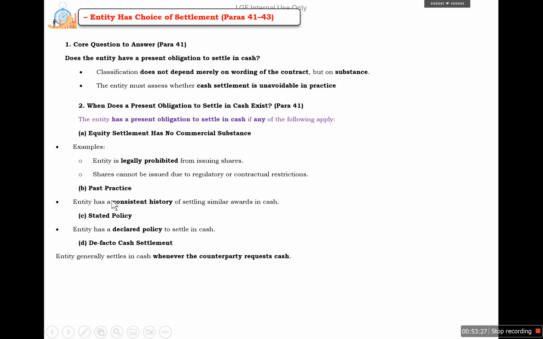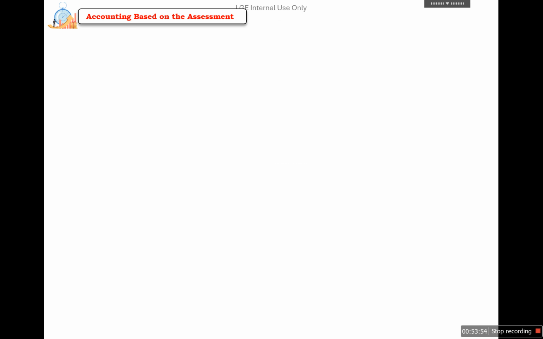Next, if there has been a past practice of settling similar awards in cash, then also it will be considered an obligation to settle in cash. And if the entity has a declared policy to settle in cash, or generally settles in cash whenever the counterparty requests it, in all these cases it will be considered a present obligation to settle in cash.